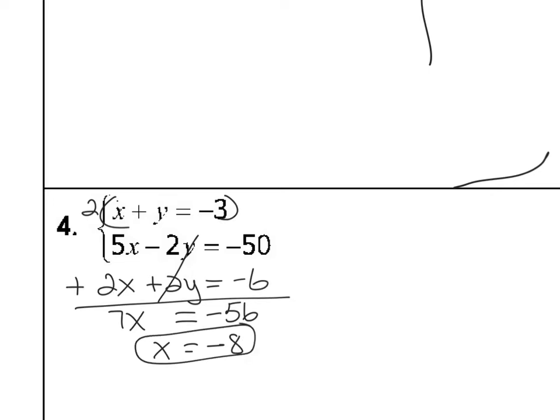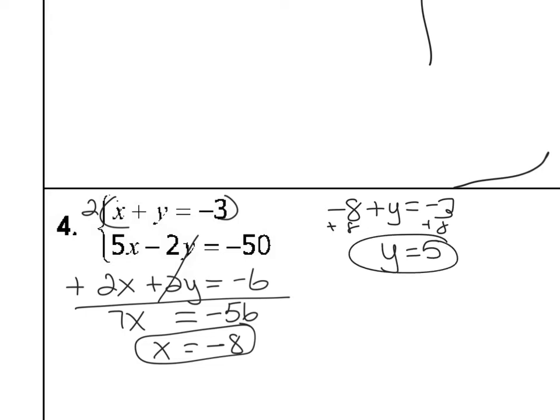Okay, so now I'm going to replace x in one of the equations with negative 8. So we're going to add 8 to both sides, so y equals 5. So my solution is negative 8 and 5.